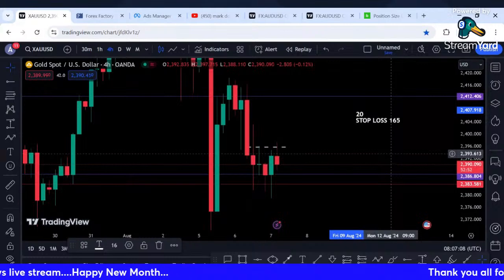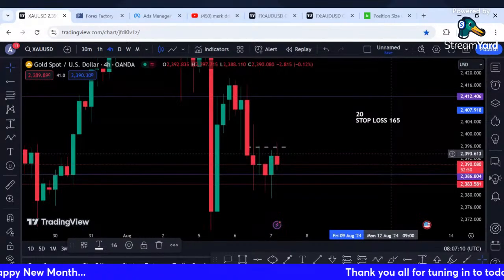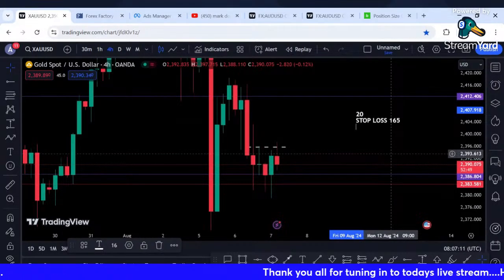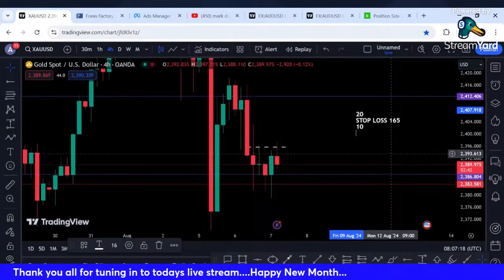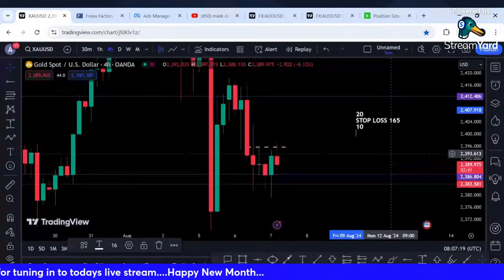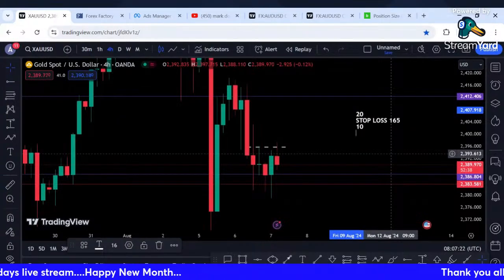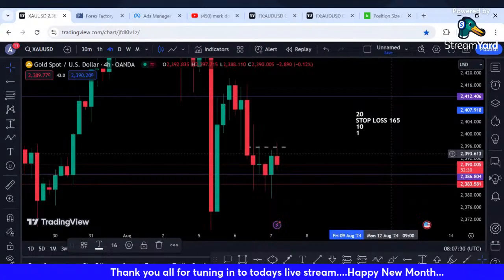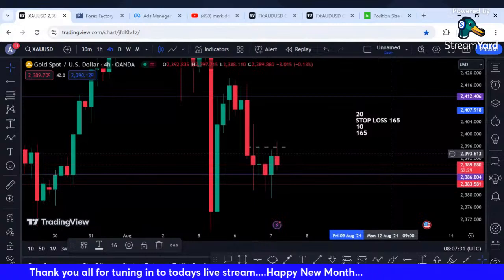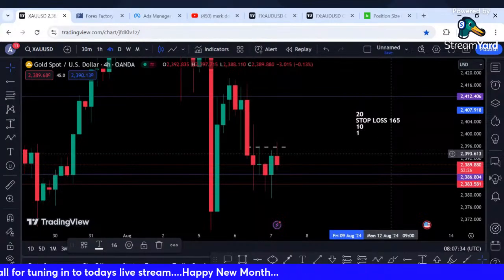If you don't have money, it's not advisable. So let's say you are risking like $10. You are risking 50% on the account. With the $10, what will be your loss size? So 165.